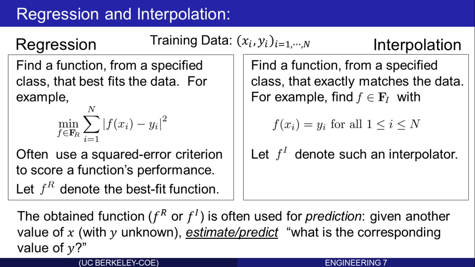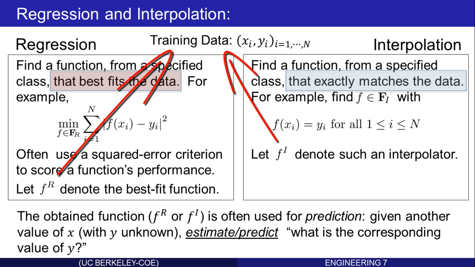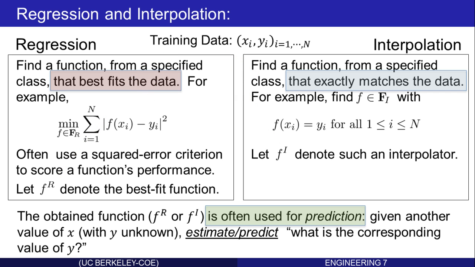The main points to get here are that regression tries to best fit the data, while interpolation tries to exactly match the data. In either case, the obtained function becomes a model for the process that is producing the data and is ultimately used for prediction concerning this data generating process.